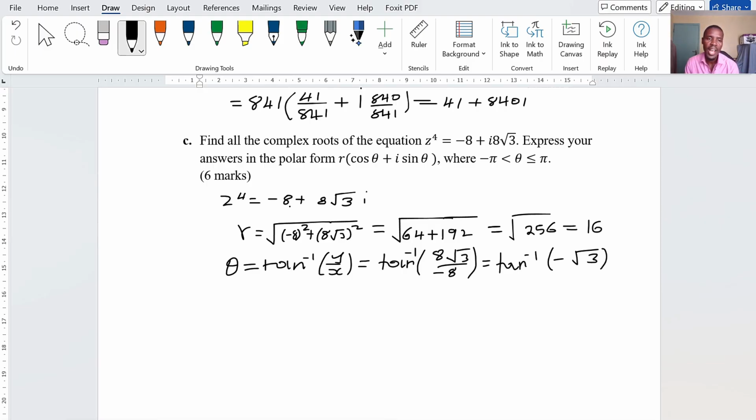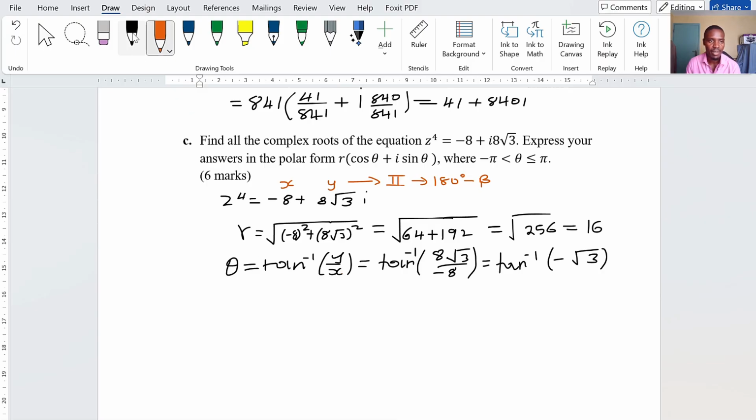So you can see we have negative 8 and 8 root 3. So this is in which quadrant? This is x and this is y. So x is negative, y is positive. So this is in the second quadrant, where we have 180 degrees minus our acute angle beta, because y is positive, x is negative.